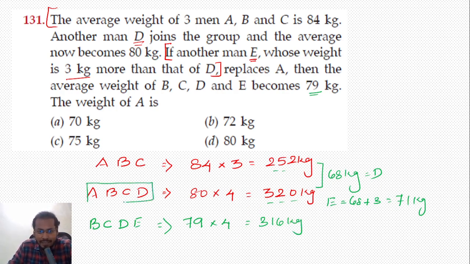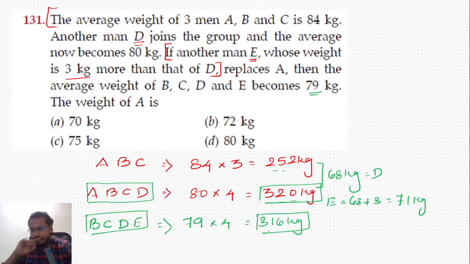Look at this clearly. When it is A, B, C, D, the total weight is 320 kg. B, C, D, E, the total weight is 316 kg. So here we need to take the difference, 320 minus 316. It is only 4 kg difference. So I can understand one thing: A minus E is nothing but 4 kg.